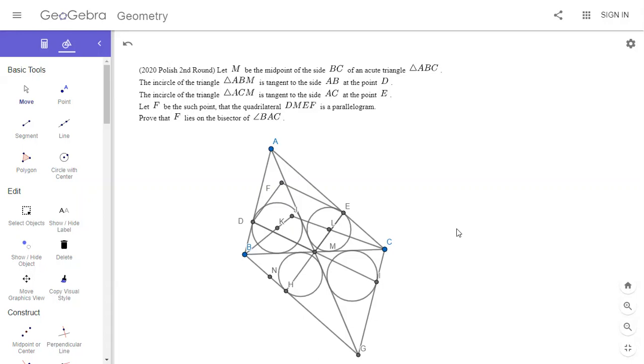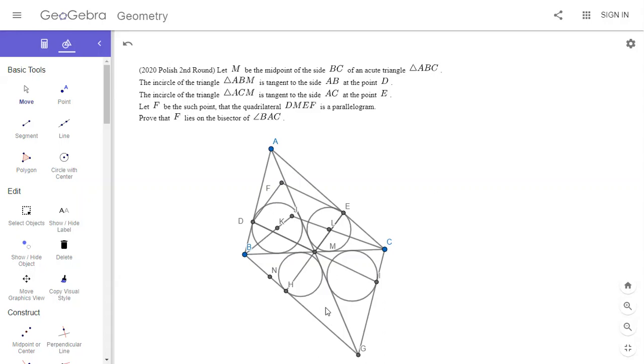So, or maybe we could draw the circumcircle of ABC and we could take the midpoint of arc BC and show that AF is collinear with that point.